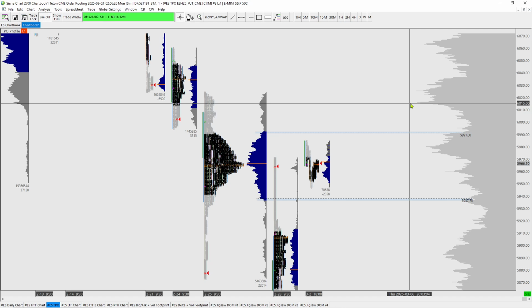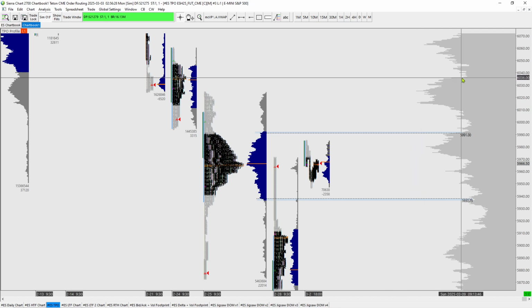I guess I could mark 15 and I could mark this one. I'd call it 36. Maybe I'd call it 35. It doesn't really matter, 35, 36, same thing. People are too obsessed with the micro little level. It's an area.